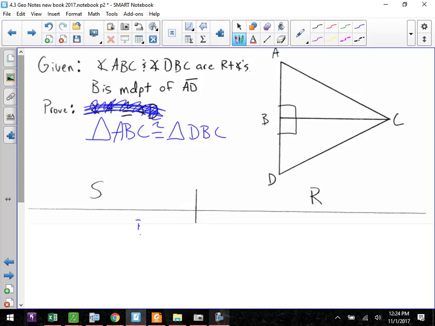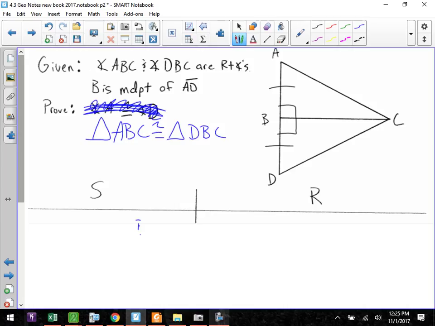If you're given a midpoint, what's the next step? What does the midpoint say to do? In this diagram, midpoint says that you have segment congruent to segment. What are the two segments that would be congruent? AB and BD. Okay. You have a side and an angle. What's left? What's the side? BC.